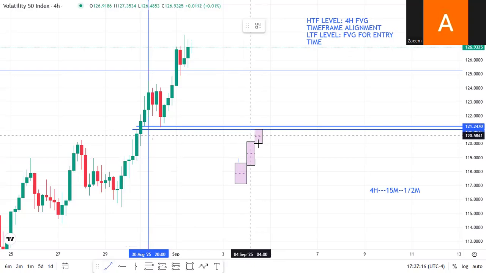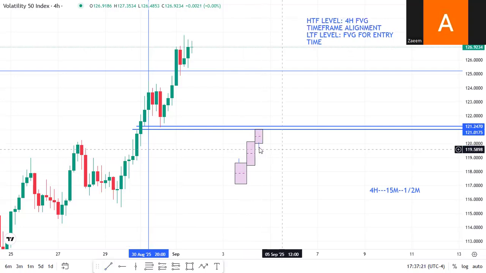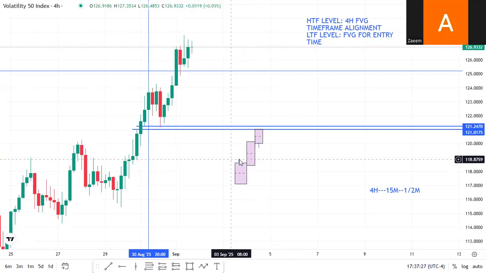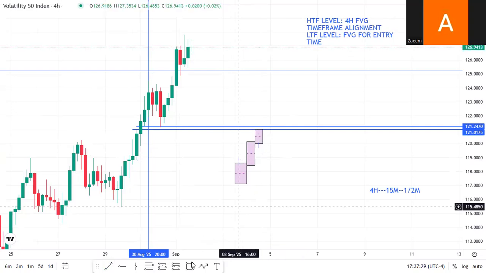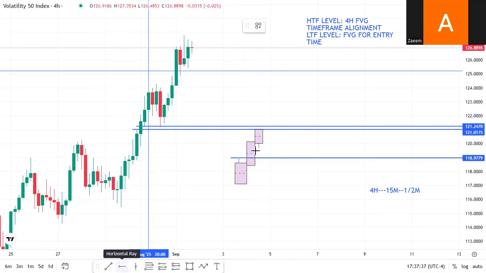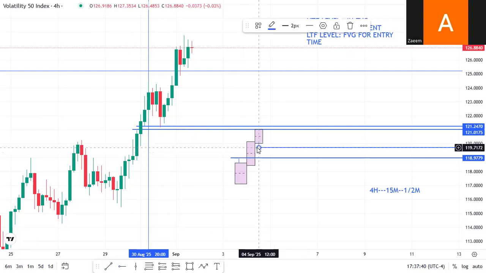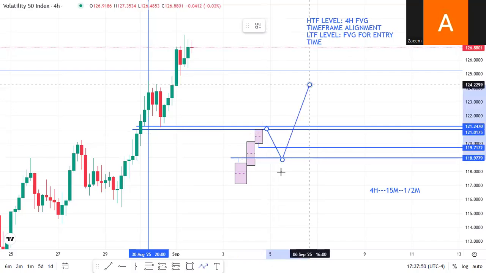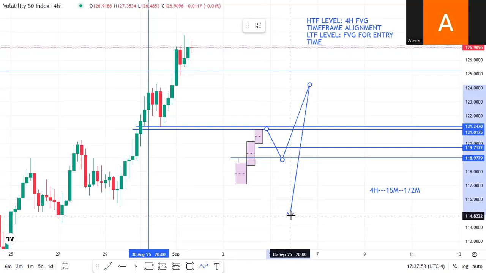Within this, the low of this third candle to the high of this first candle, we have a gap there, right? Look at it. This is what we call a fair value gap, for those who are not familiar with it. So the narrative is that price will often react from it and go higher, but it can trade through it and go to the downside.